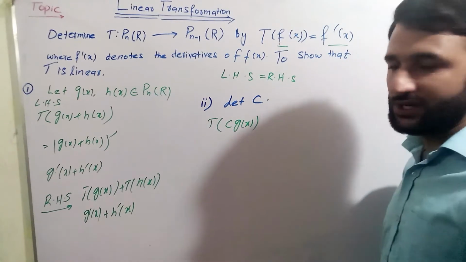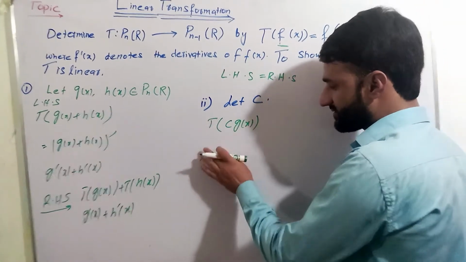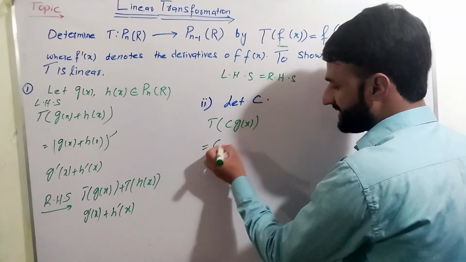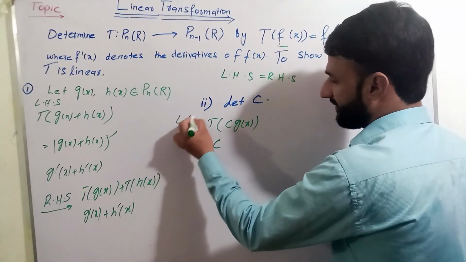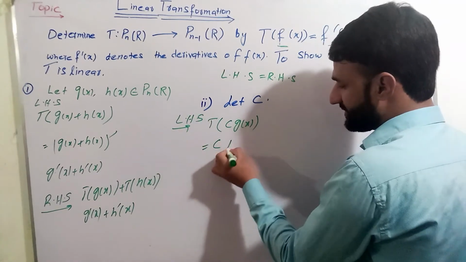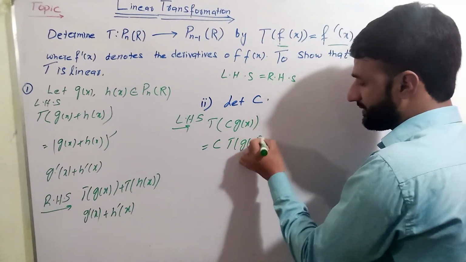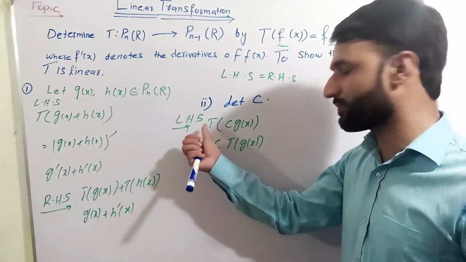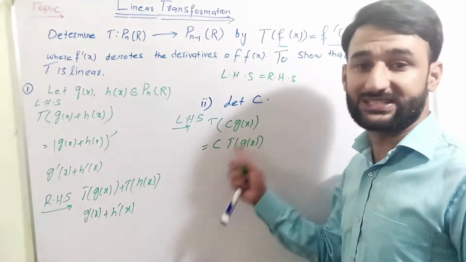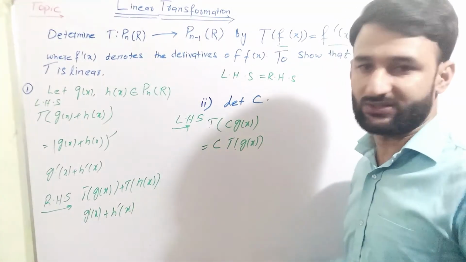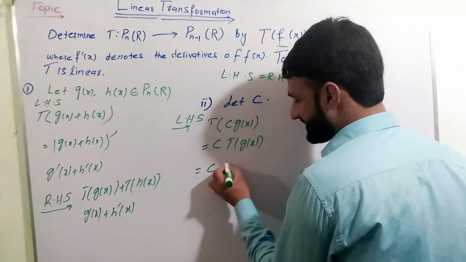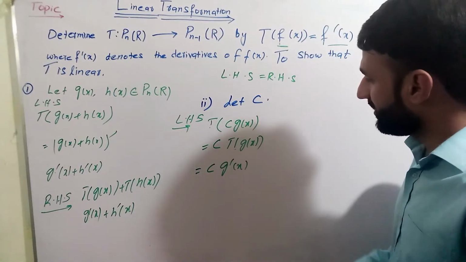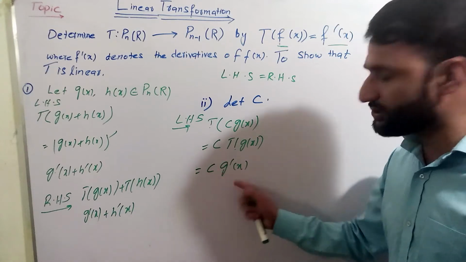This is the left hand side, T of c g of x. Since T is an operator, whenever you apply it, the scalar comes outside and T is applied separately. So we obtain c into g prime of x. This is the left side of the expression.